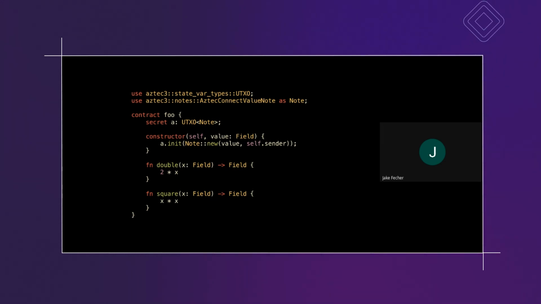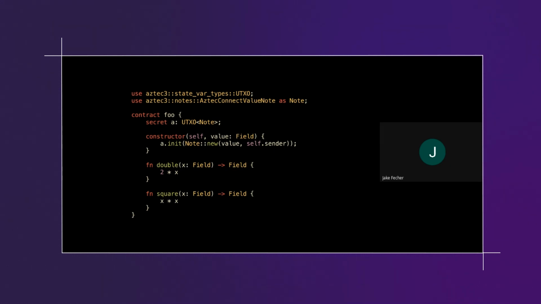We can access this owner through this self field, which is somewhat like the implicit message variable that others may know from Solidity, where in Solidity you can access message.sender. The same in Noir contract syntax could be accessed through self.sender. All right, so now we have our shared global and we have it initialized.